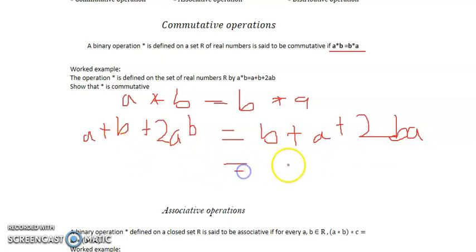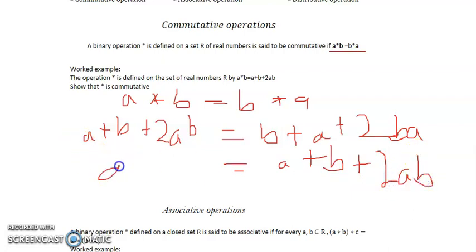If we rearrange everything, we get everything to be the same. So now, since A star B is equal to B star A, then the operation star is commutative.